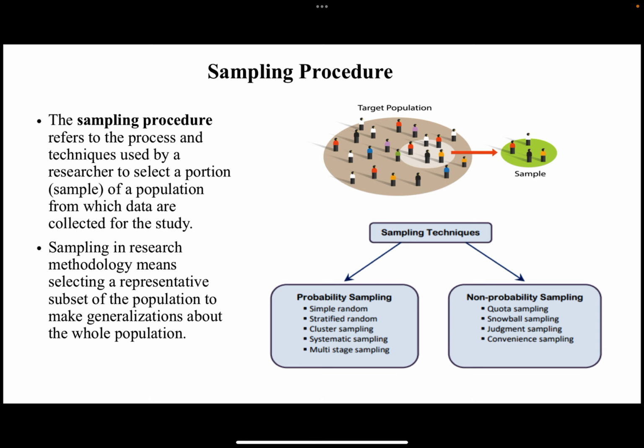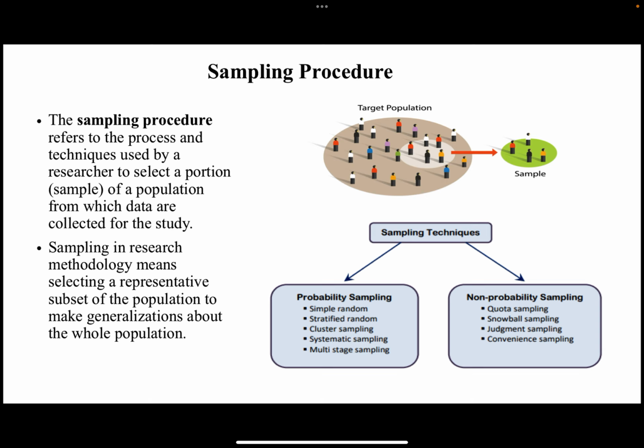That is going to be a lot of work and would require a lot of resources. So sampling is very important: one, to save time; two, to reduce cost; three, to make research manageable; and lastly, to help you still get reliable and valid results. That's the reason why we do sampling in research.